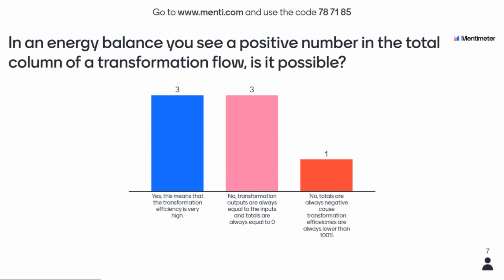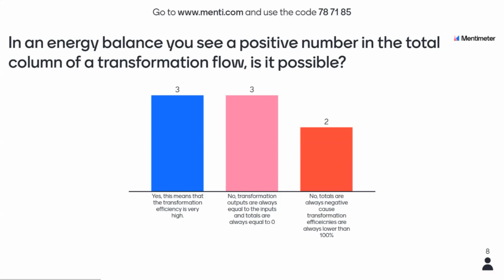The real answer is actually the one that received only 1 person, 2 now, maybe after I was saying that. And this is because totals are always negative because the efficiencies are lower than 100%. This is because, for example, if you have natural gas for electricity production, you will have this negative number and the input is, for example, 100, let's say, megajoules.